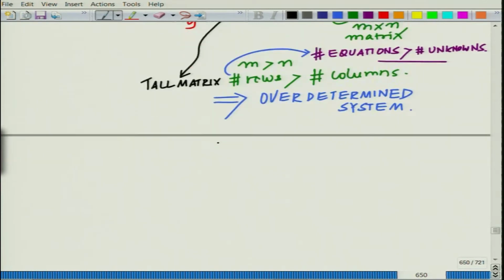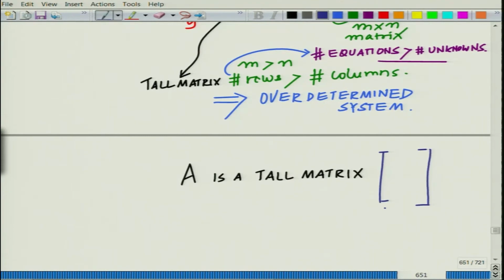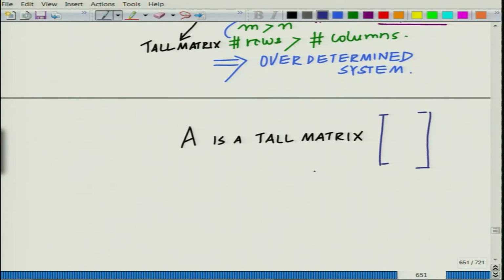So, A is a tall matrix, which essentially looks something like this. This essentially means that the number of rows is greater than the number of columns.